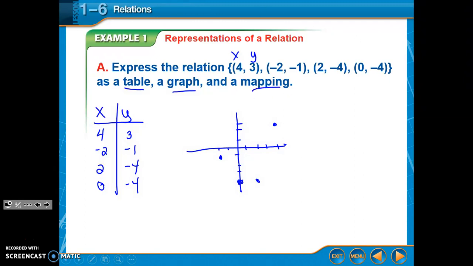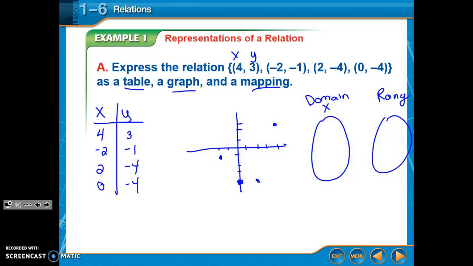And the last one is called a mapping. That's when we have our domain and our range. So domain, in this case, is x, and our range is y, and we put our numbers inside of it. All of my x values, I have 4, -2, 2, and 0.